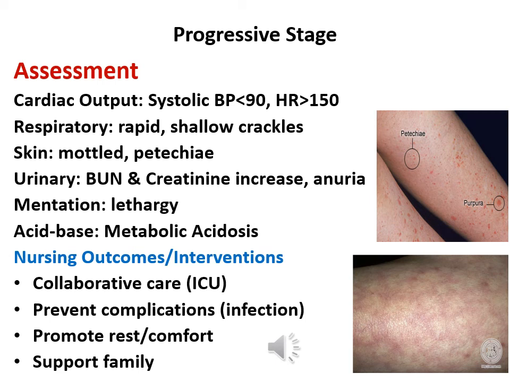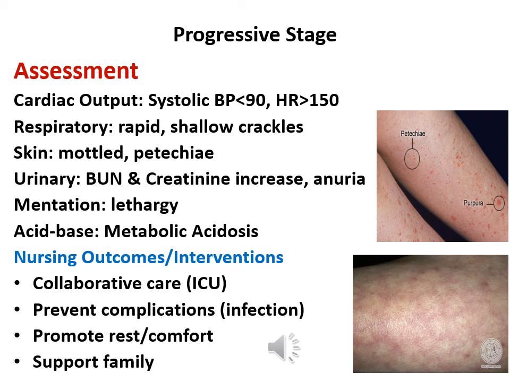Your goals and interventions are to monitor the hemodynamic and cardiac function. You'll be in this stage administering medications and fluids. You will provide collaborative care. Most likely at this point you'll be in intensive care working with other health professionals.